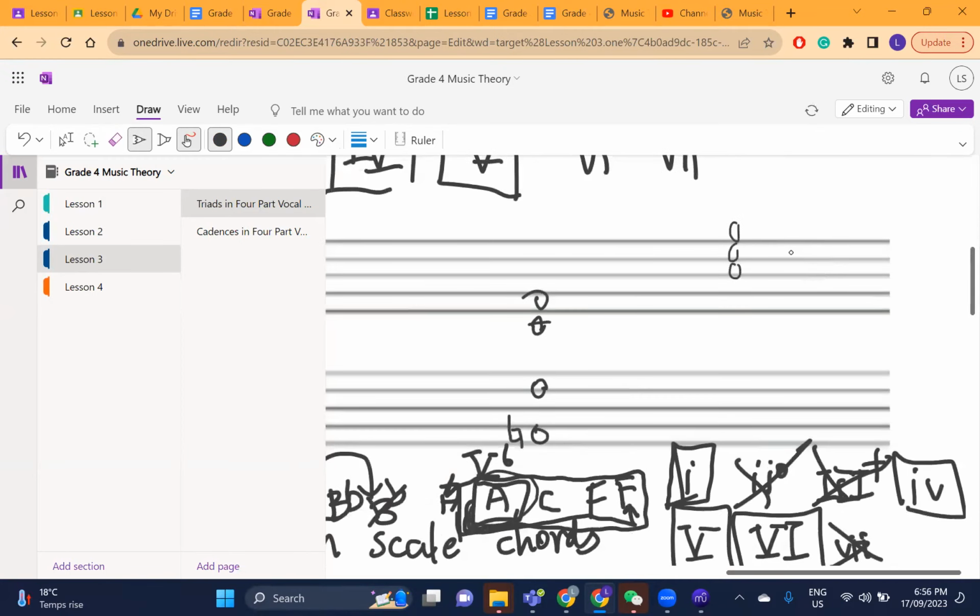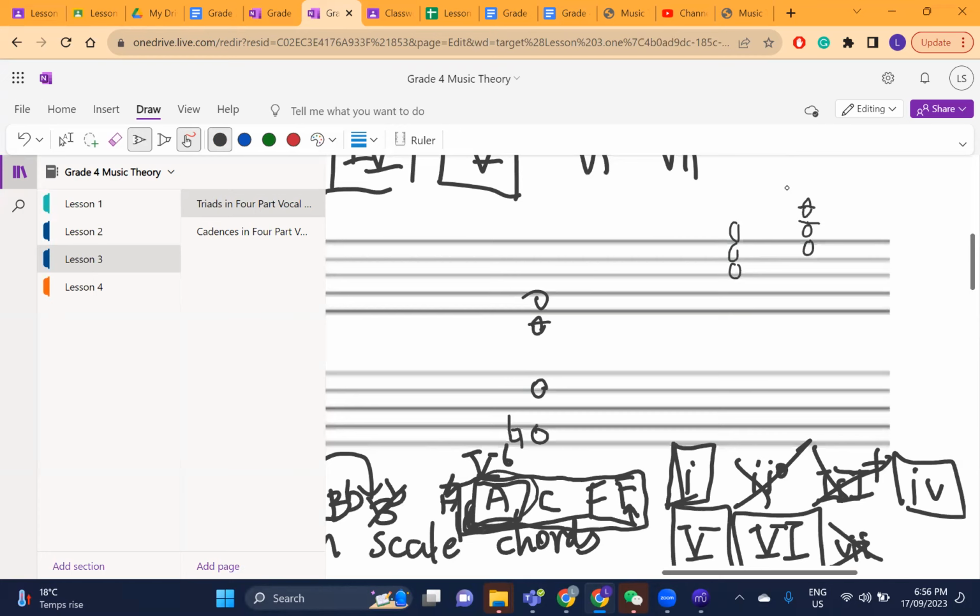So if this is a root position, then in first inversion, it looks like this. CEG in root position.